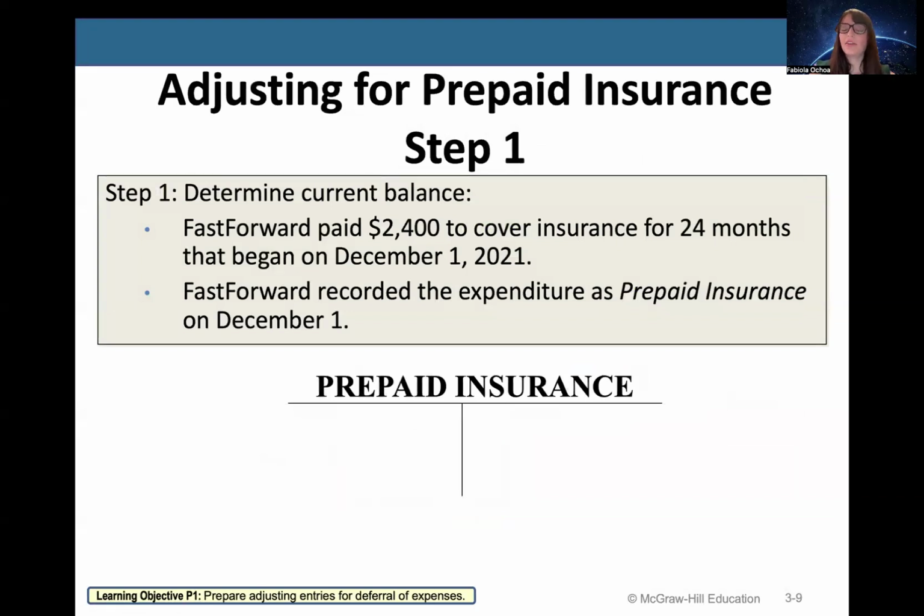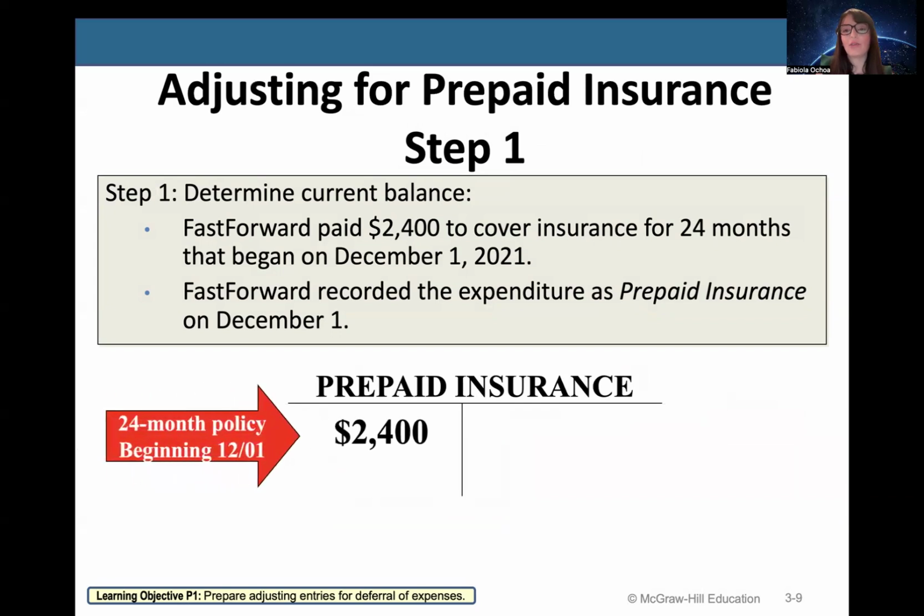So in adjusting for prepaid insurance, step one would be to determine the current balance. Fast Forward paid $2,400 to cover insurance for 24 months that began on December 1st, 2021. Fast Forward then records the expenditure as prepaid insurance on December 1st.